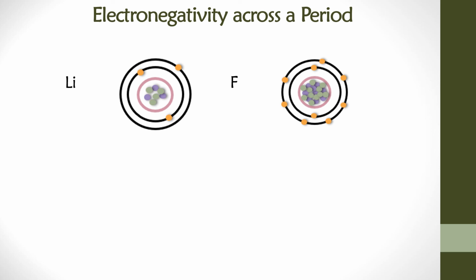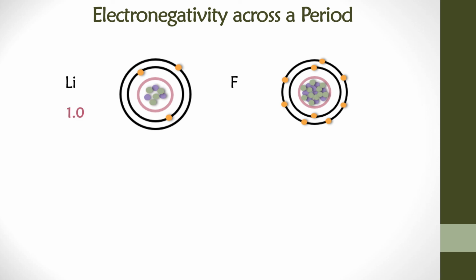So lithium doesn't really have the motivation to gain more electrons because it's only got one. It's like lithium is saying, how much work do I have to do to get seven more to become stable? But fluorine is very motivated because fluorine is like, I'm almost there. I'm very close to the finish line. I've only got one more to go.